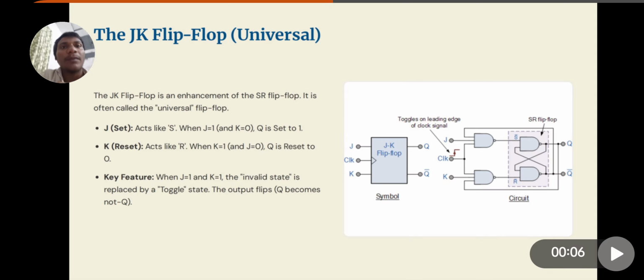JK flip flop. It is also called the universal flip flop. The JK flip flop is an enhancement of the SR flip flop.